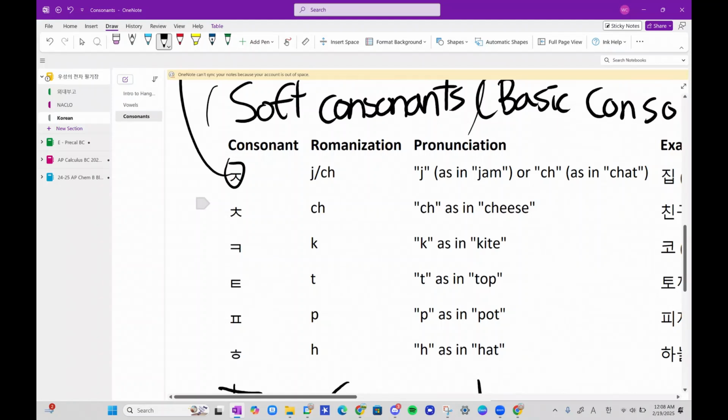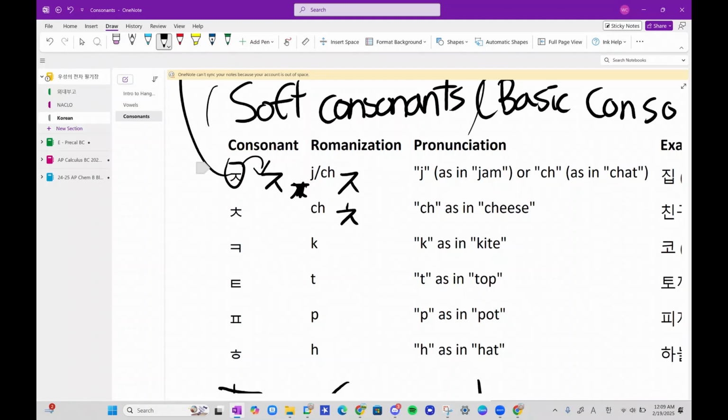So for example, this one, FYI, is usually written like this because it's very hard to write like this if you're writing continuously. So usually people just write it this way. And then this letter the same. You just add a line on top and then it becomes this letter.